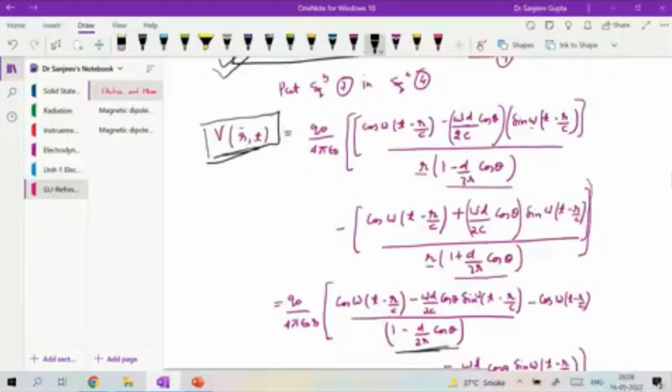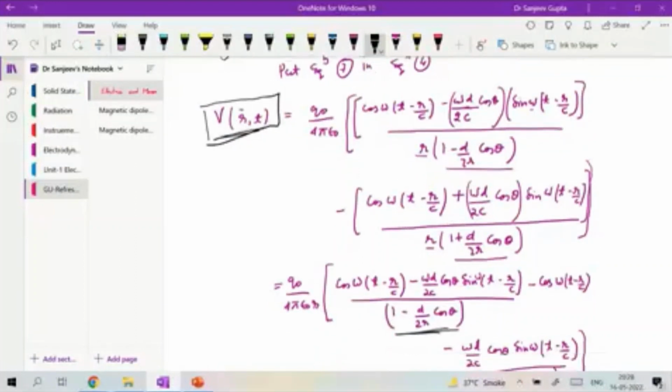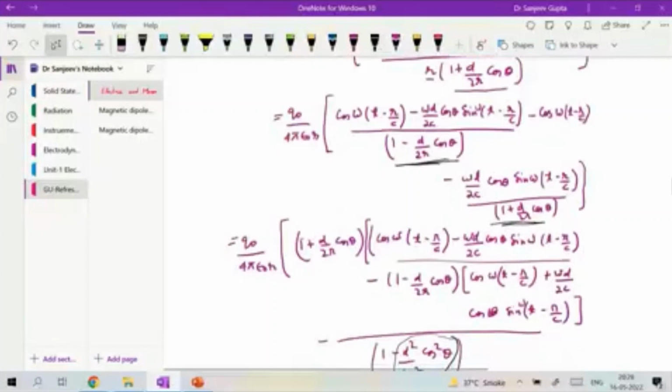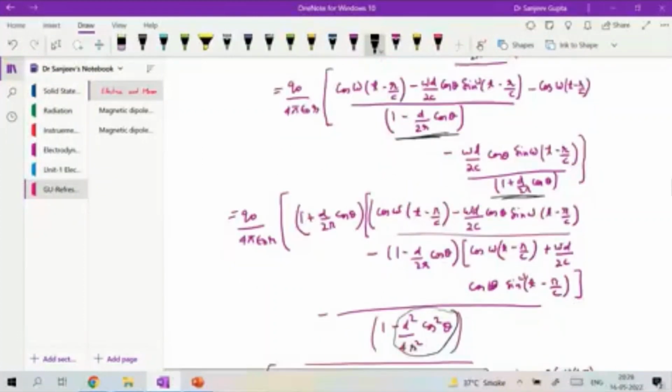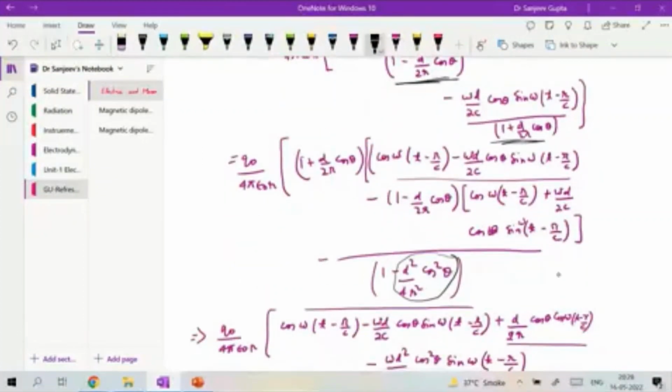So the retarded potential you can solve, but you can see here one is negative and another is positive in the lower side, so you can take the LCM. That becomes 1 minus d square upon 4r square cos square theta, and this term, due to the perfect dipole, becomes 0, so only 1 remains.